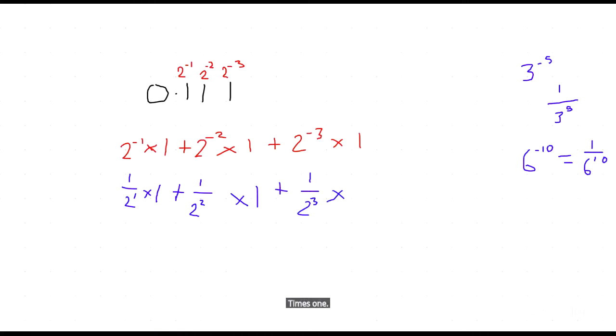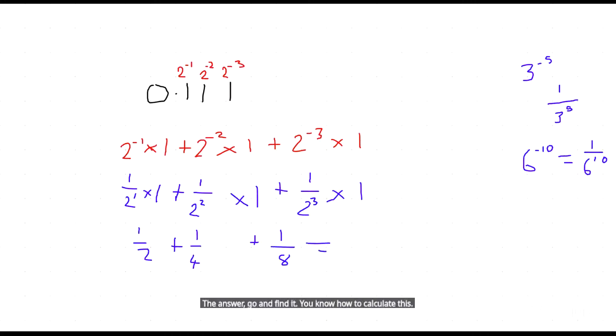So 1 over 2 times 1 will be 1 over 2, plus 1 over 4, plus 1 over 8. The answer, go and find it. You know how to calculate this, either in a fraction or in a decimal. So that's the answer you are going to get.